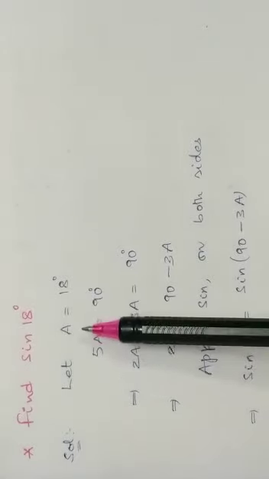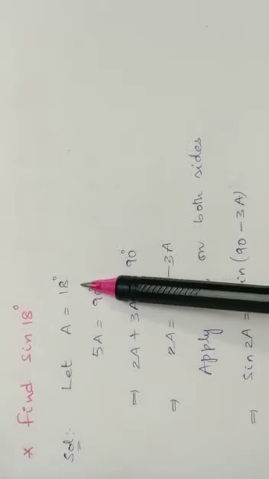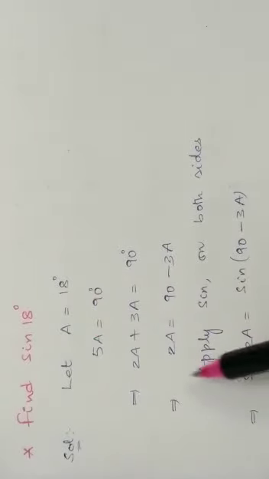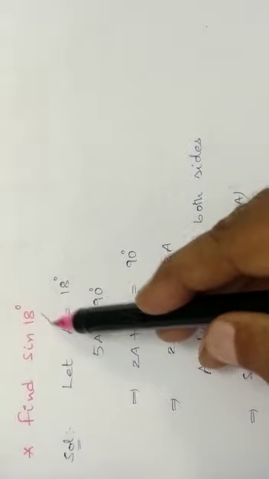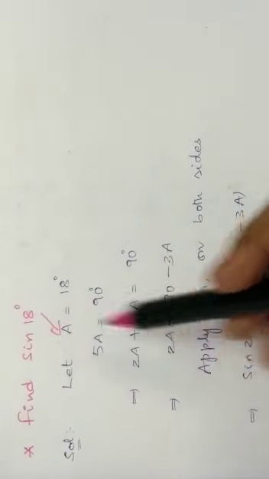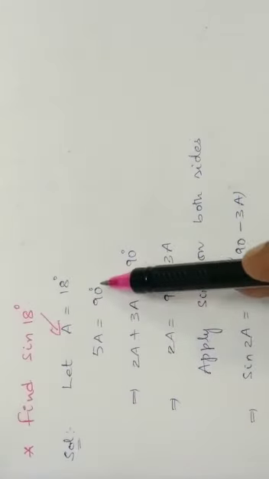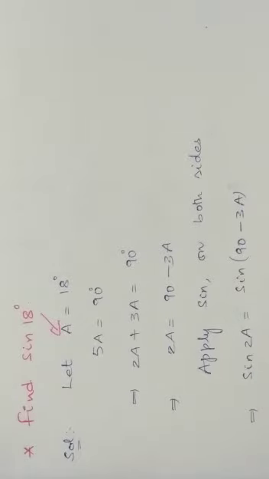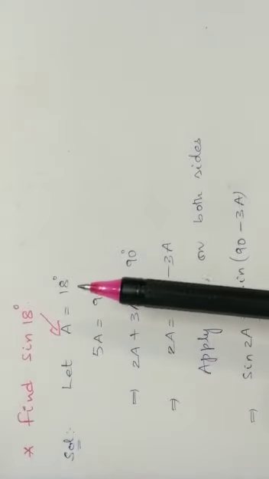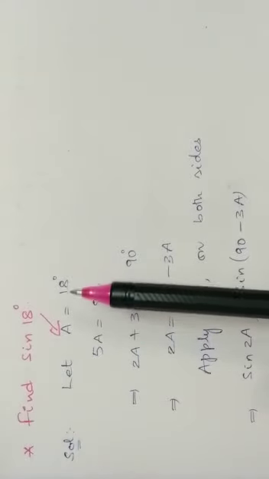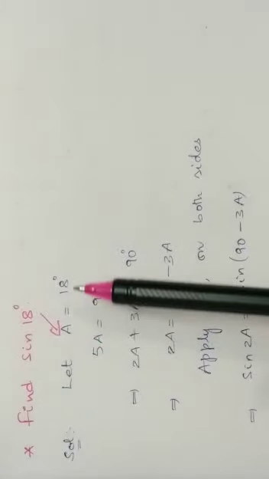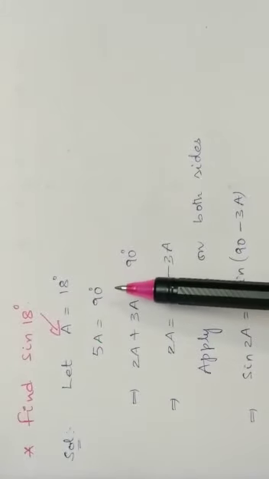Let A equal to 18 degrees. I have taken 18 named as A equal to 18 degrees. With which number, if you multiply, you will get 90 degrees? If I multiply 5 on both sides, I shall get 90 degrees.